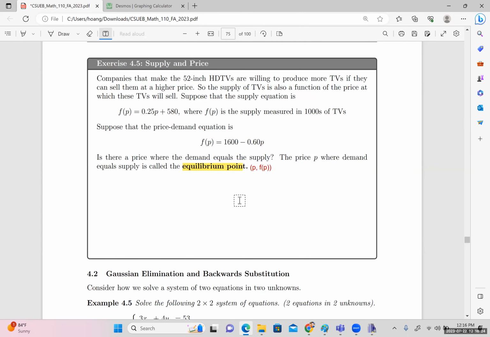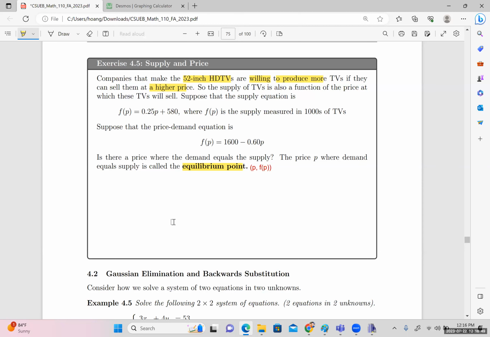So we have a company that makes 52 inch LED TVs and is willing to produce more TVs if they can sell them at a higher price.